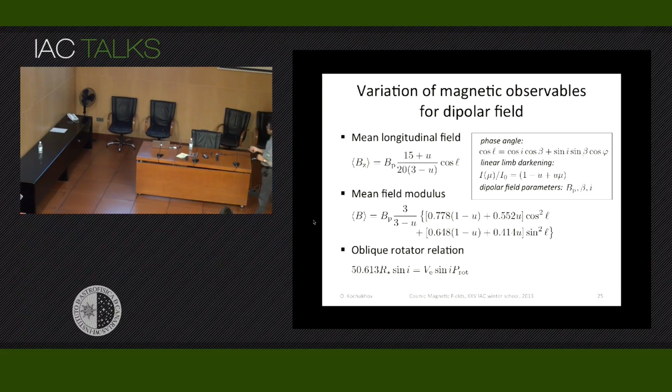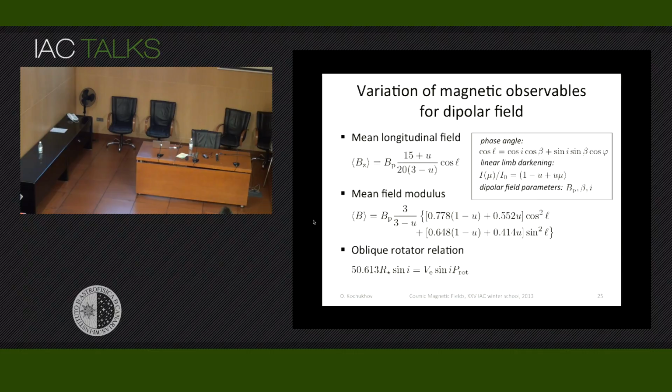And very often one also uses, in addition to this formula, the oblique rotator relation. It's a very simple formula, which is basically saying that there should be some relation between equatorial velocity, period of rotation, and the radius of the star. Well, the circumference, the equator length, should be rotation period times the equatorial speed.